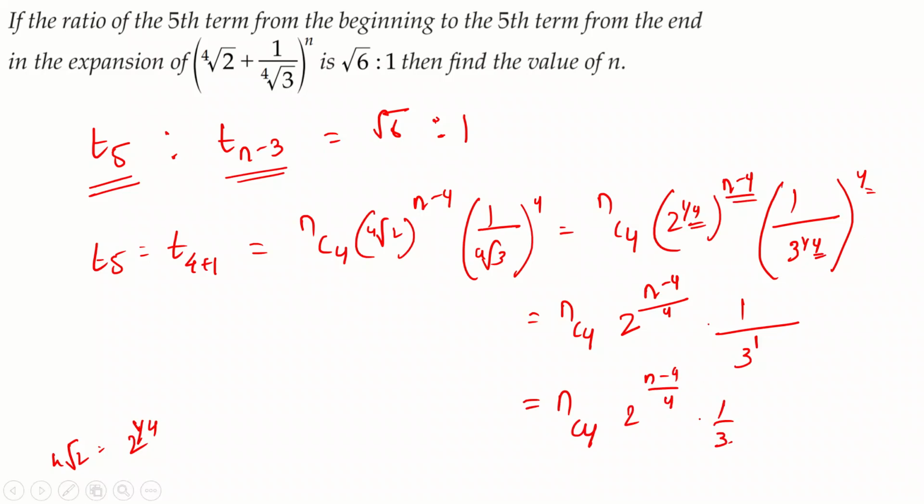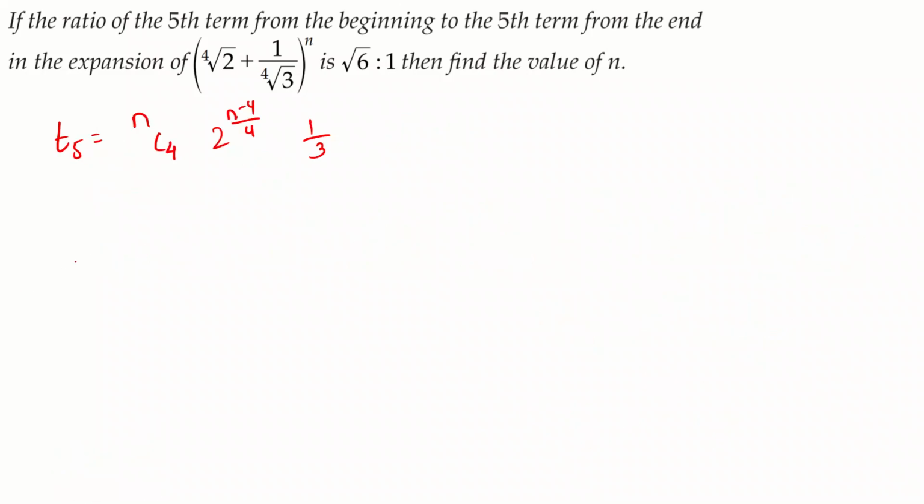Let me keep some space. Okay, so we have to find out Tn minus 3. Tn minus 3 is T n minus 4 plus 1. Remember I told you that you always have to write it down in this form, Tr plus 1. Then nC n minus 4, because this is our r, nCr.